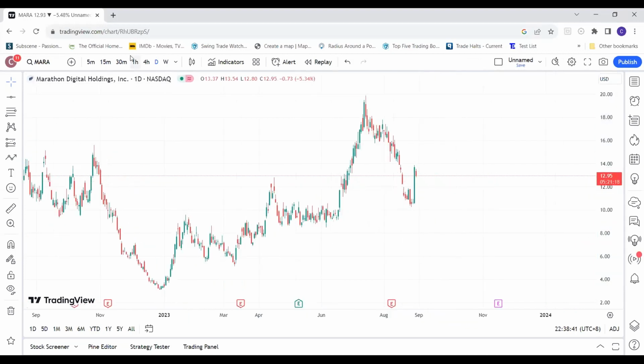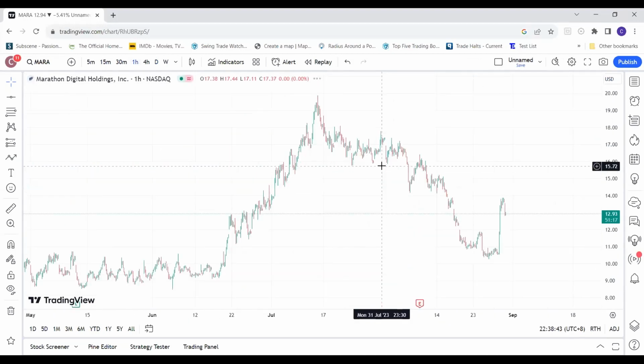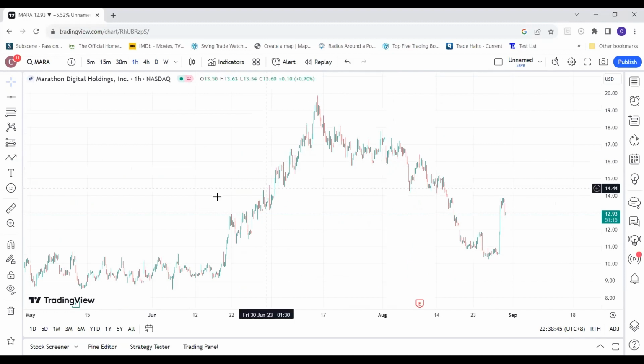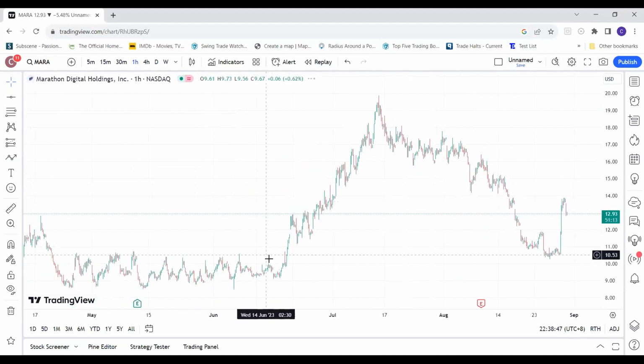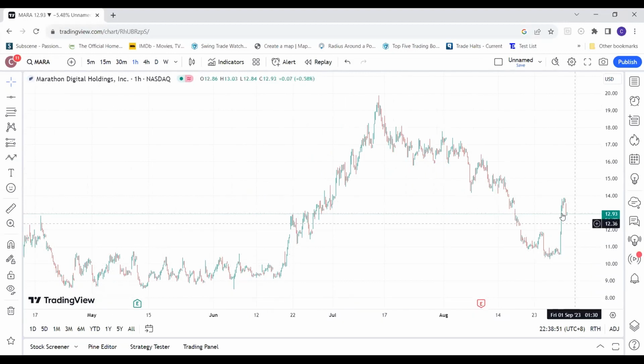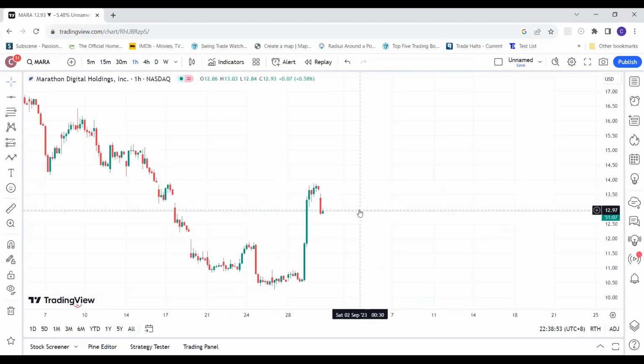So let me go down to the 1 hour chart. Previously this was a range, so price actually tapped and rejected. Where it is sitting now is actually very tricky.